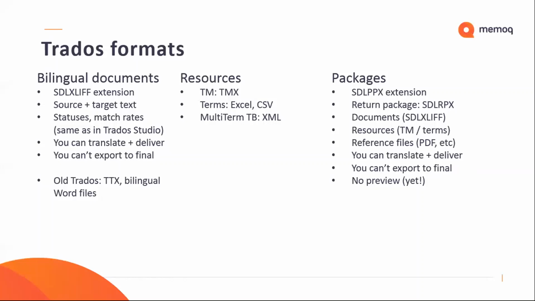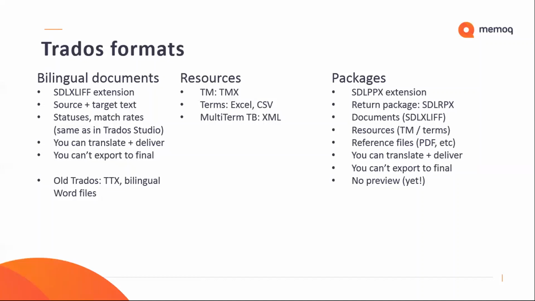And I've already talked about resources, which are the third major group of things that are related to translation compatibility. I'm talking about them separately because in some cases, even though your project manager can put them into a package, it might happen that you receive, for example, a terminology list as an Excel file rather than part of the package.